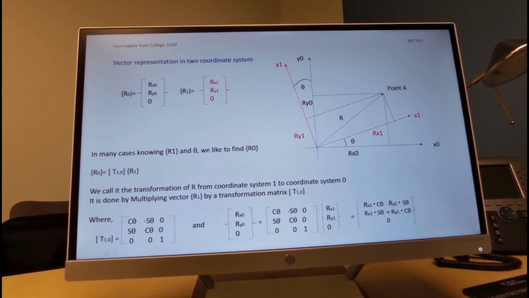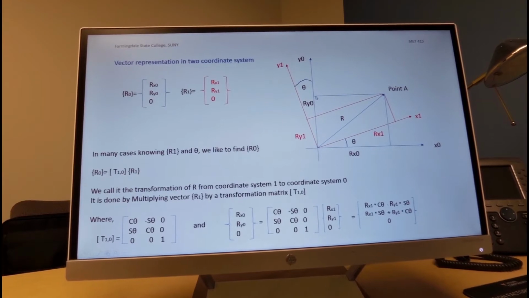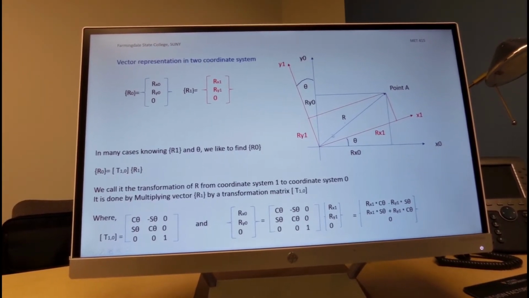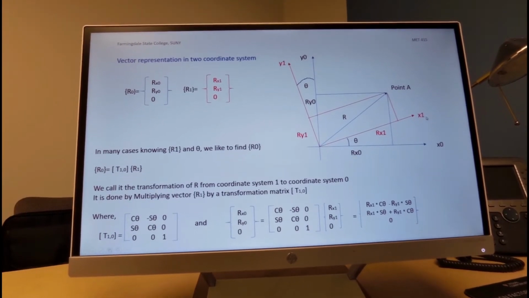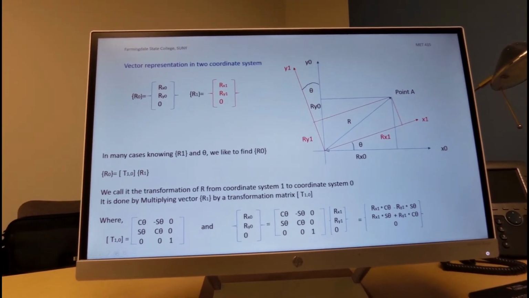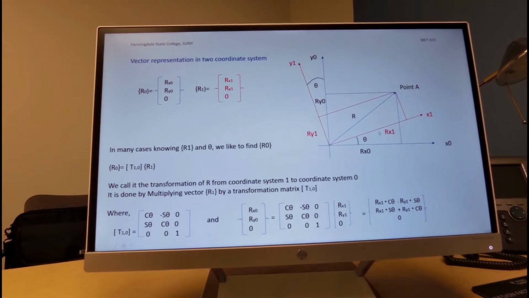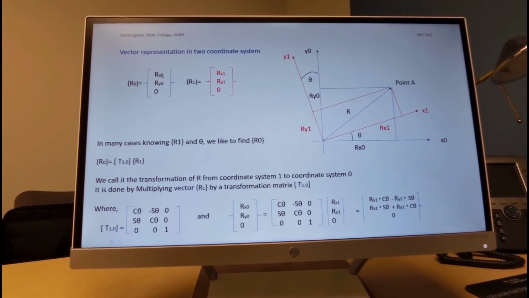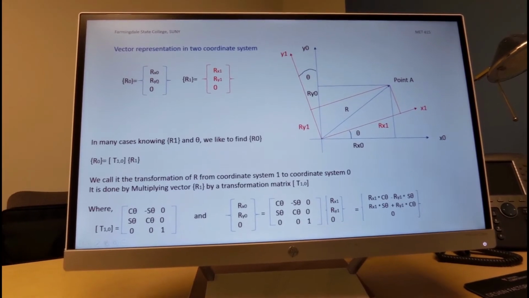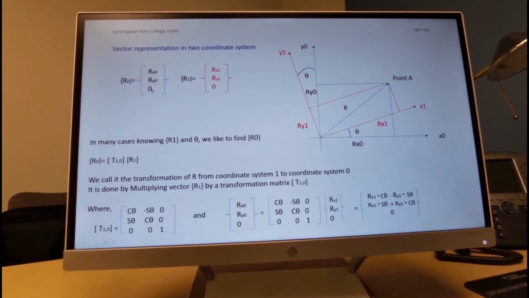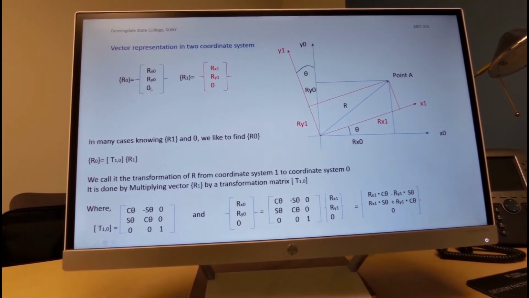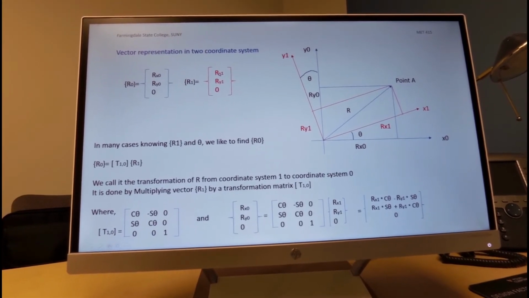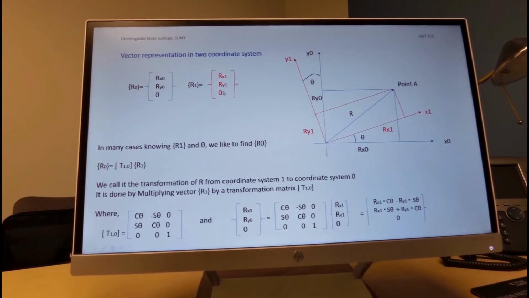It has component rx0 and ry0. And what we like to do is find out the components of the same vector along axis x1 and y1, and we call them rx1 and ry1. So we have r0 with its component rx0, ry0, and there is no z component, therefore this one is 0. And we have r1 represented by its component, rx1, ry1, and 0.